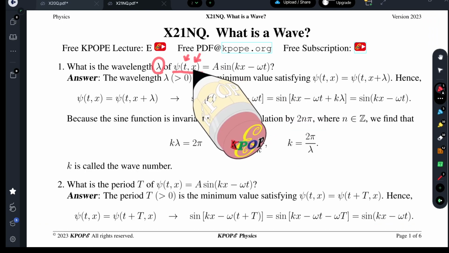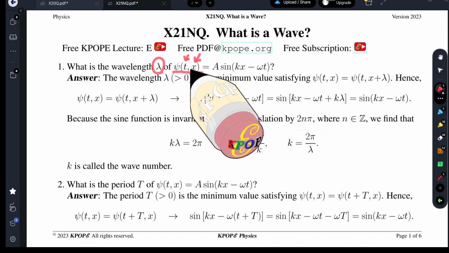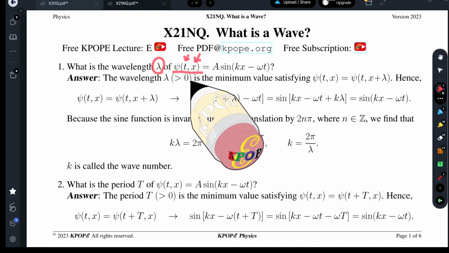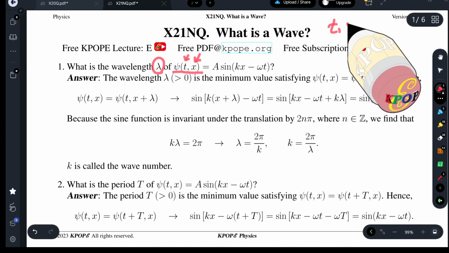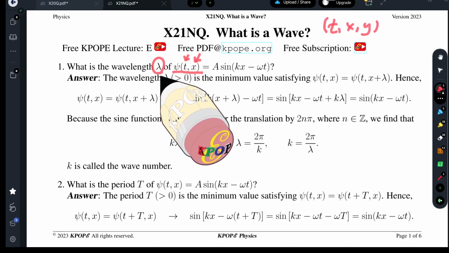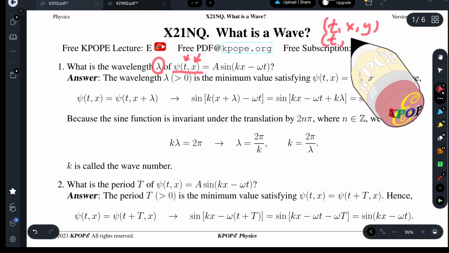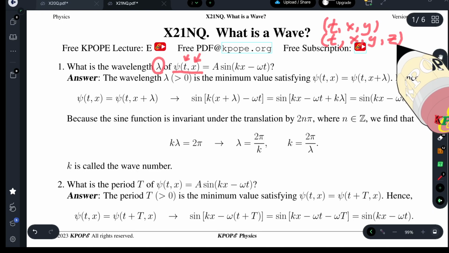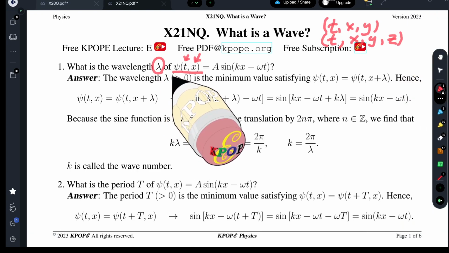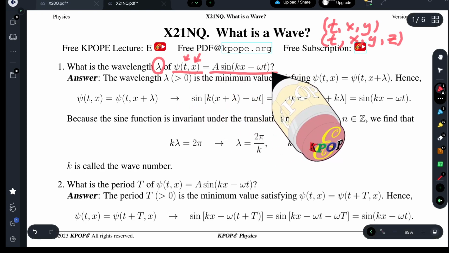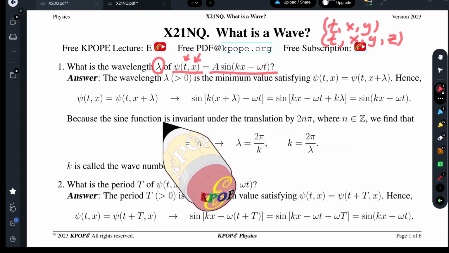A one-dimensional wave is a function of time and x only, a two-dimensional wave is a function of x, y, and in the three-dimensional case, it is a function of time, x, y, and z. Therefore, this is a wave propagating along the x-axis.